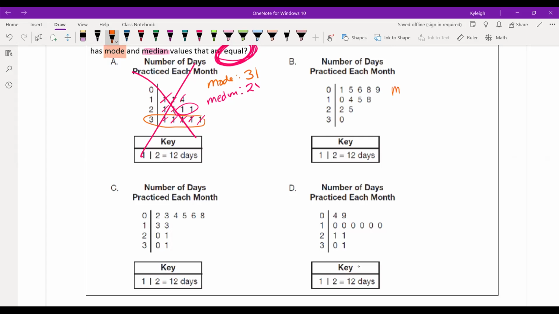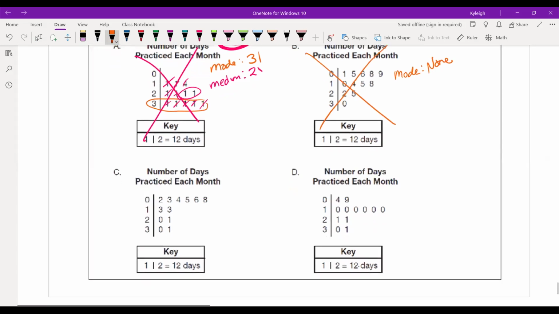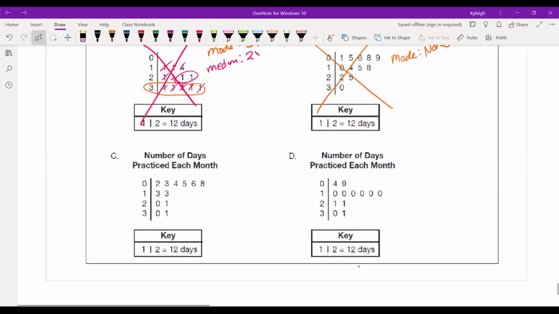Well, looking at B, hopefully you figured out which answer it is. Looking at B, nothing repeats. There is no mode. But I know there has to be a median, so it can't be that one. For C, the mode is 13. And for D, the mode is 10. Now let's find the median of both.